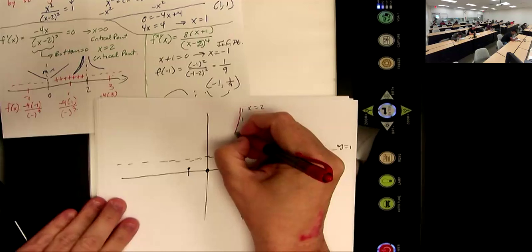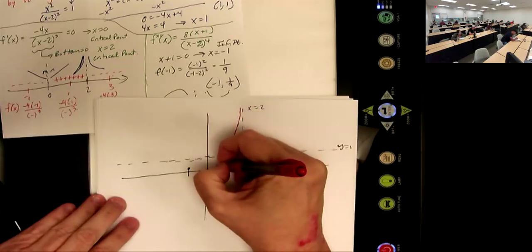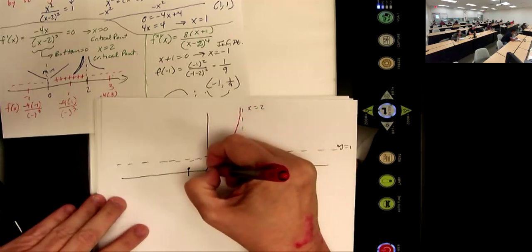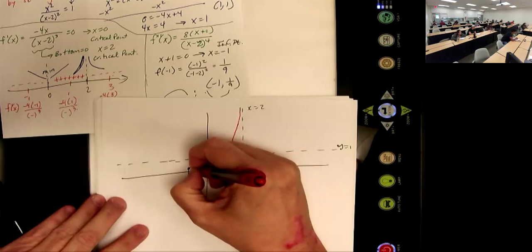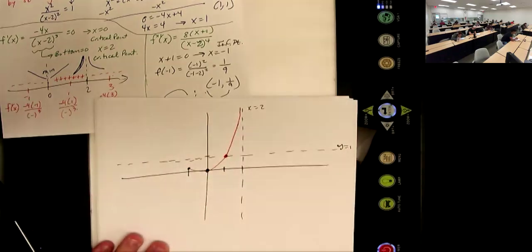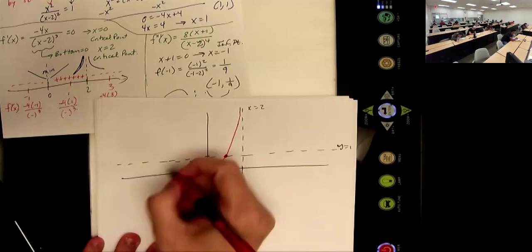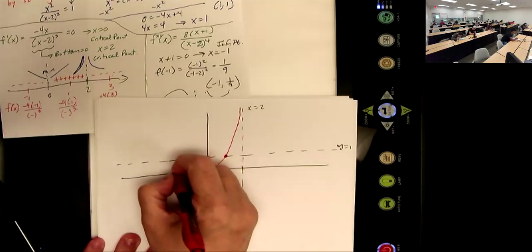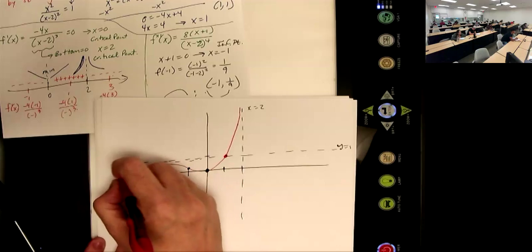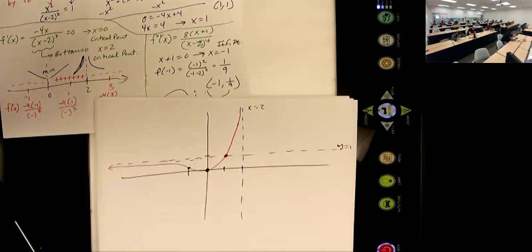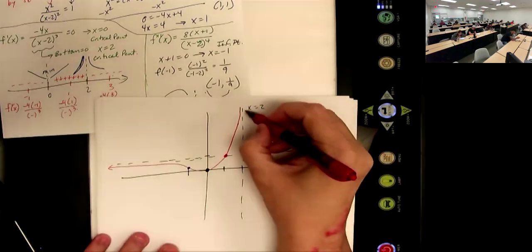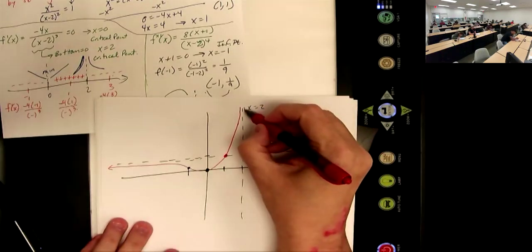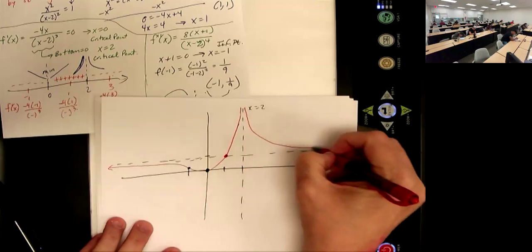So it's got to come down, go through this, it's got to hit 0. It's coming up, and it was concave up to the right of that. To the left of it, it's concave down. And it's approaching that. And over here, it's doing something like this.